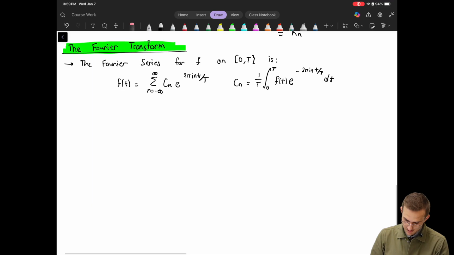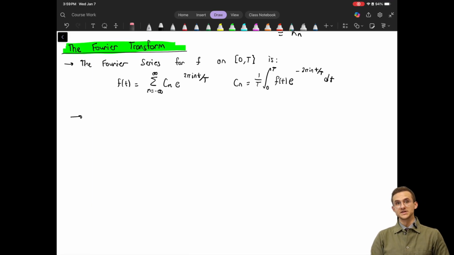So let's notice something about this. Complex exponentials, remember, are just sines and cosines, right?